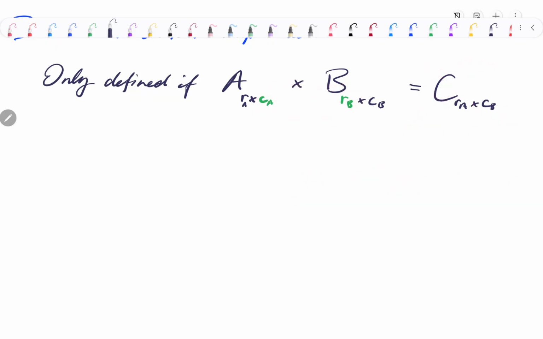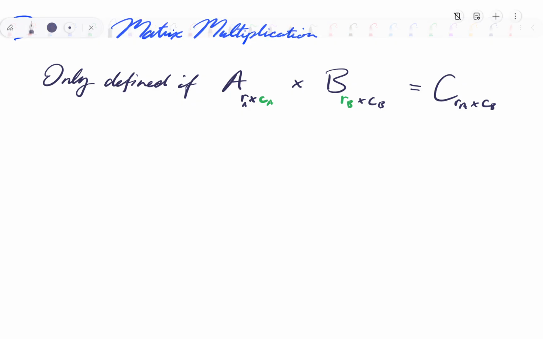So make sure when you multiply matrices, we have to make sure that these two numbers are the same.